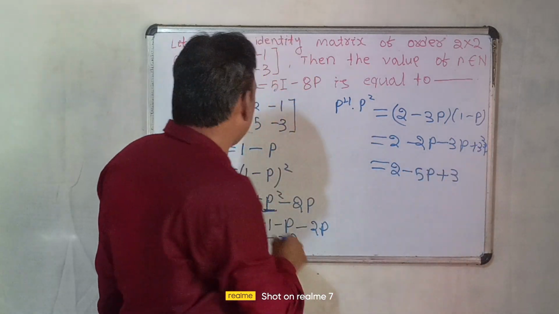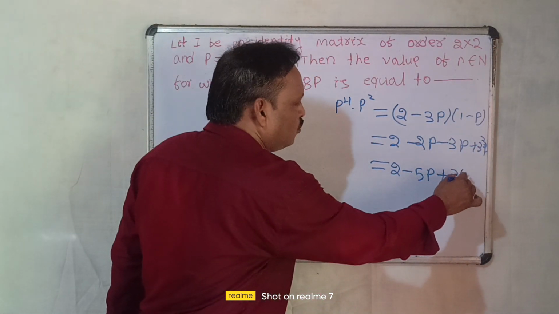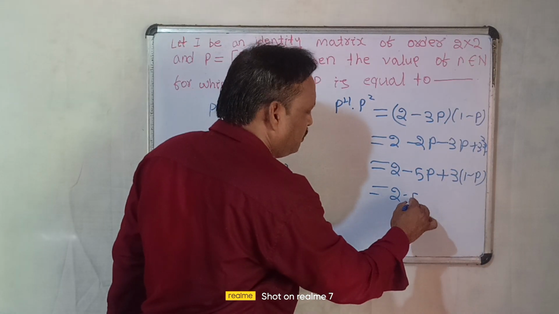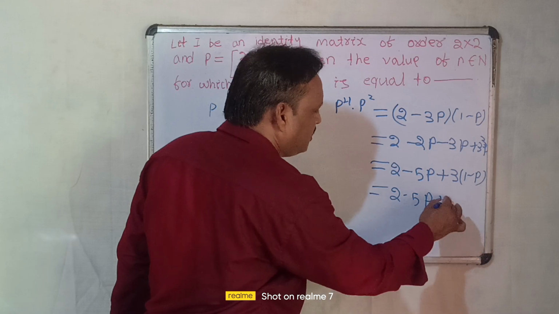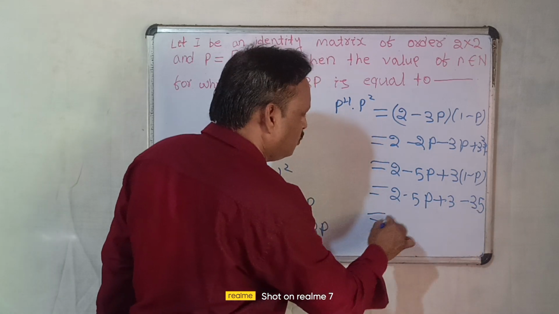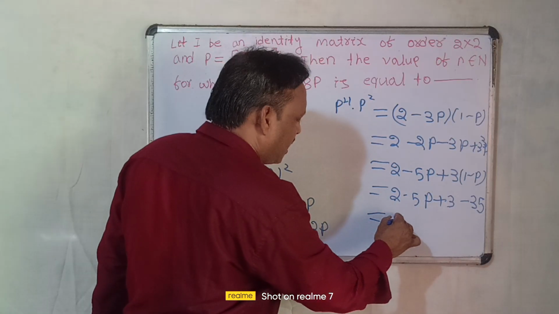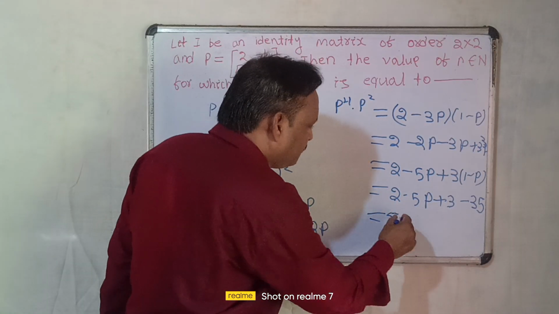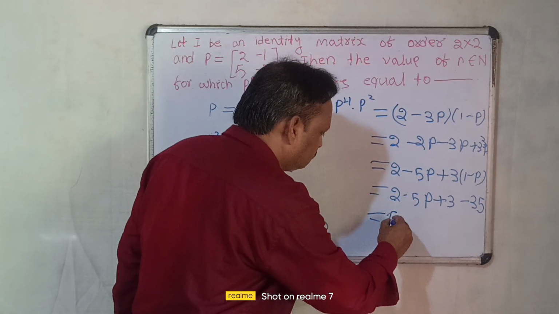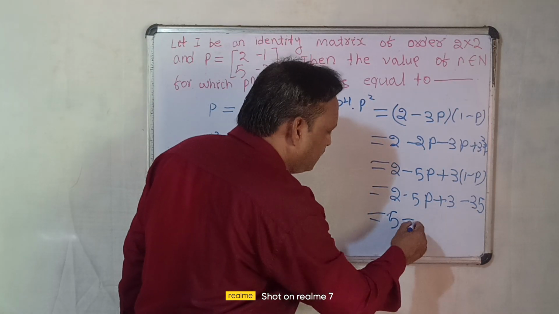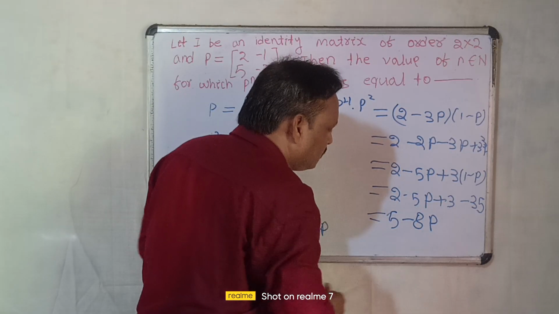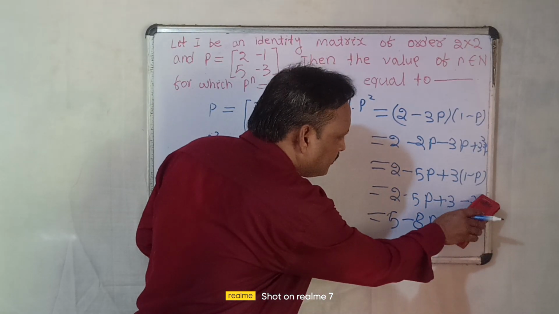In place of P square we can substitute 1 minus P, so we get 2 minus 5P plus 3 minus 3P. That is equal to 2 plus 3 is 5, minus 5 minus 3 is 8P.